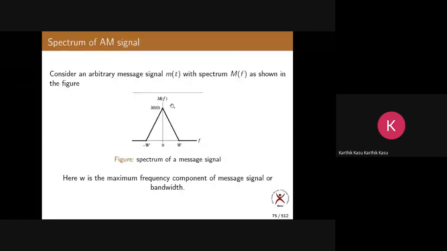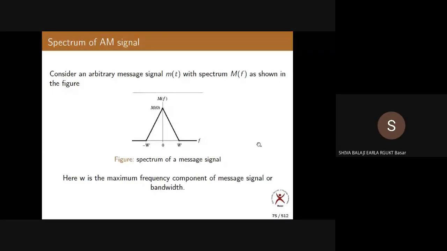If you shift this to the right side by FC, what happens to these frequencies? You shift the spectrum to the right side by FC, so each frequency is added by FC. So 0 becomes FC.